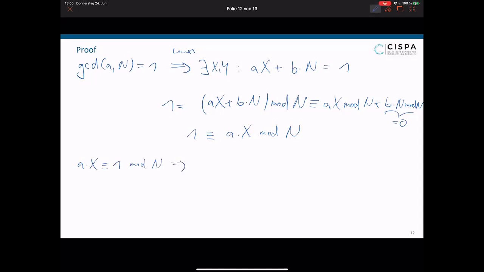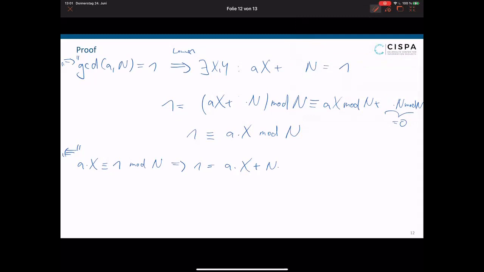This was this direction, and in the other direction we have a times x congruent 1 modulo n, but again this means 1 equals a times x plus n times, sorry, no one told me that, why did I use this b there.